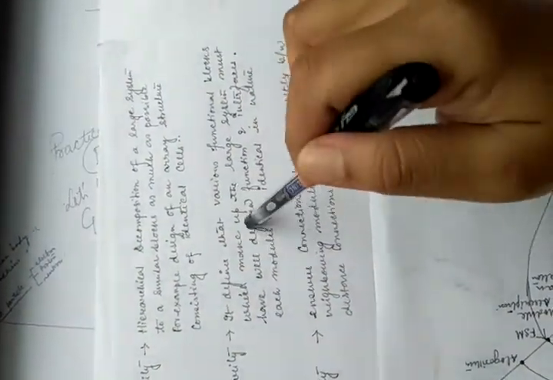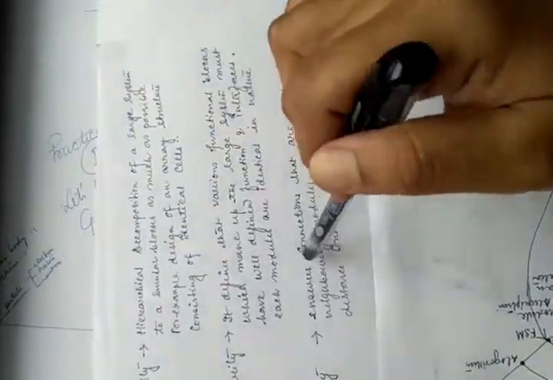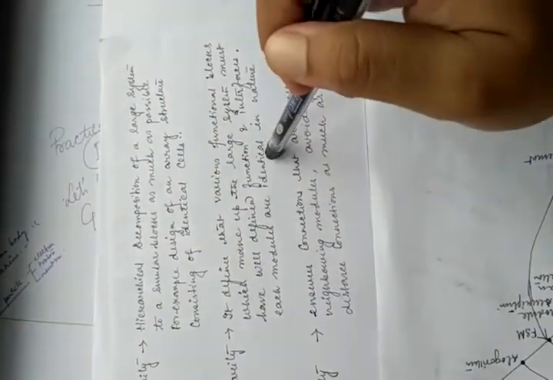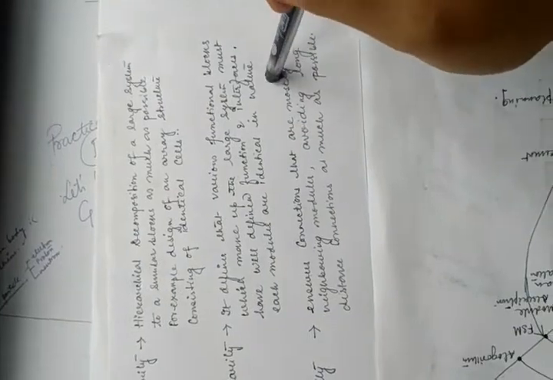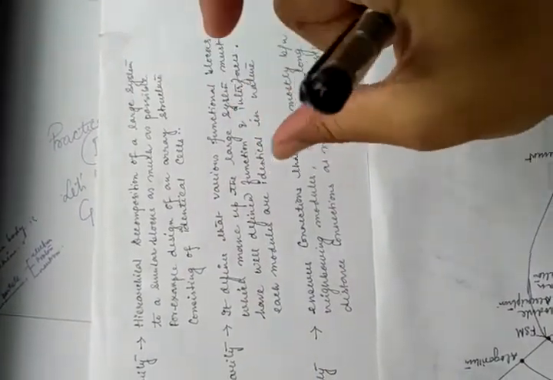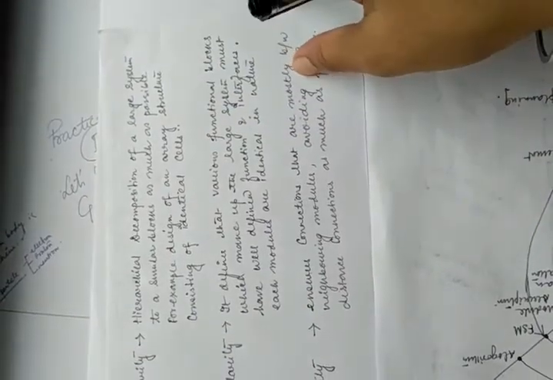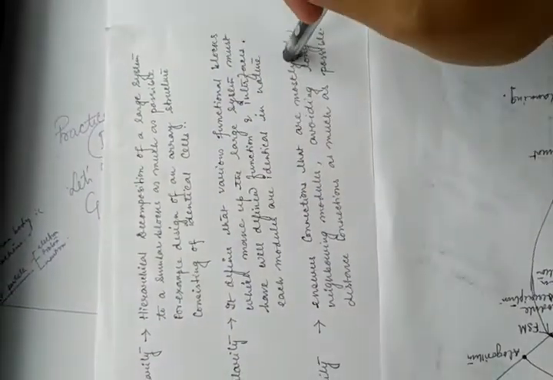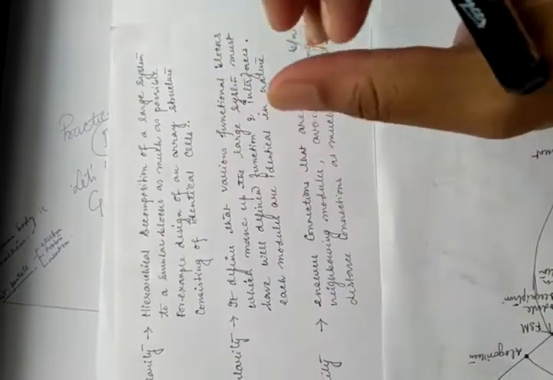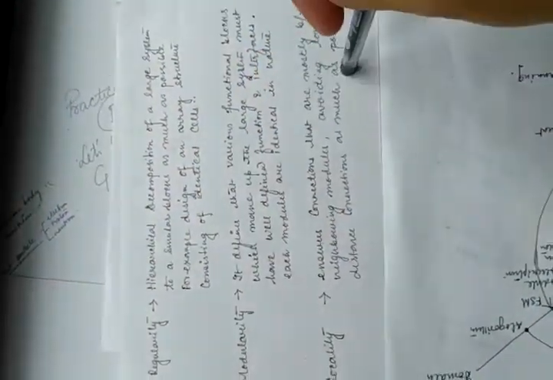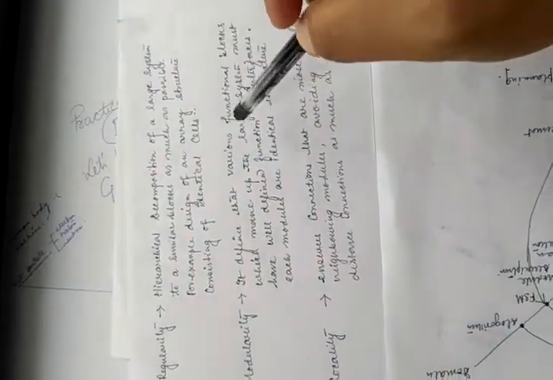So modularity defines the various functional blocks which make up the larger system, and they must have well-defined function and interfaces. Why is it called interfaces? Because each and every block is connected to the others, and the connection between them is known as the interface, and each module is identical in nature. Otherwise we won't be able to adjust all the blocks in that floor plan. So there must be similarity in nature.